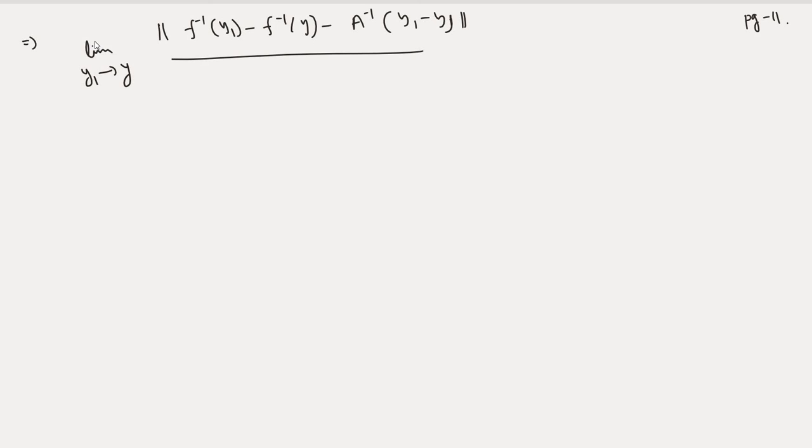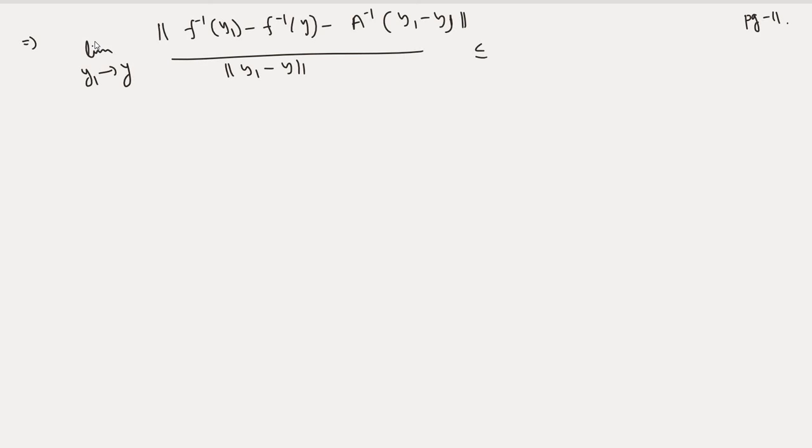So therefore we have, the limit as y1 tends to y, the left hand side is the norm of F inverse of y1 minus F inverse of y minus A inverse of y1 minus y over the norm of y1 minus y.